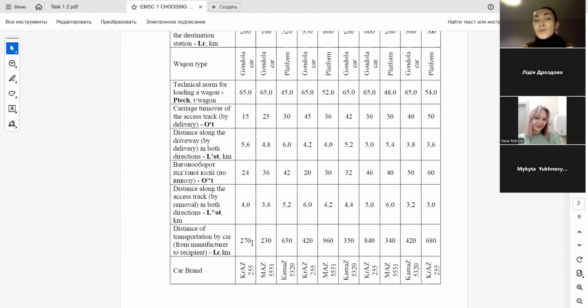For example, for the first variant it is 270, for the second variant 230. Please calculate the other distances for your variant. Because it is a very long table, I couldn't open it all with the variant numbers. If you have the first variant, for example, we write 270, and the other positions please find yourself.